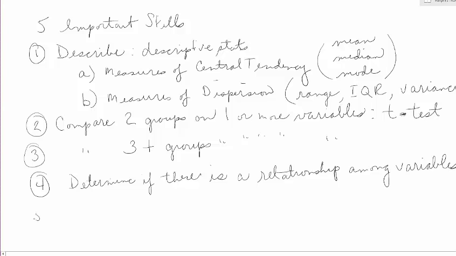And 5 is to determine if there is a causal relationship among variables. So this is called a correlation. That is a joint relationship among pairs of variables.